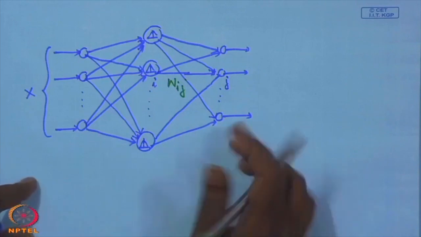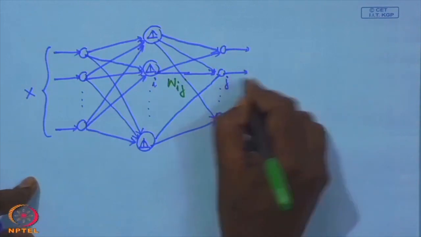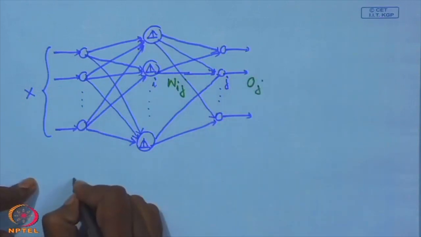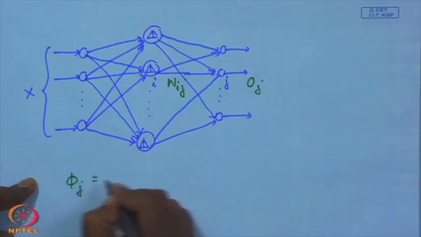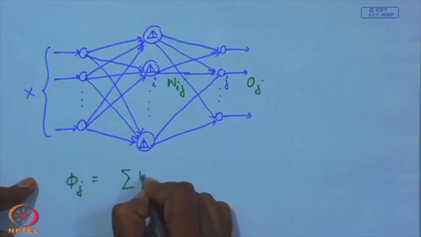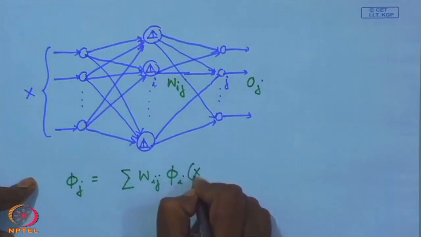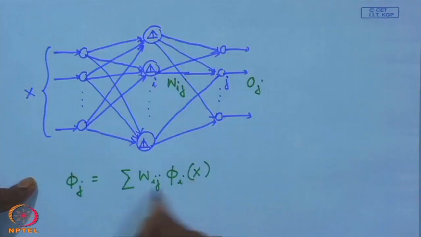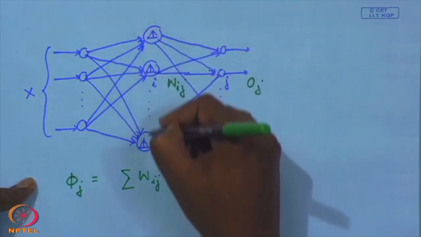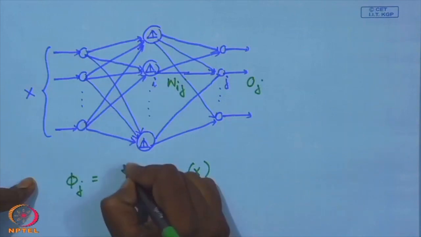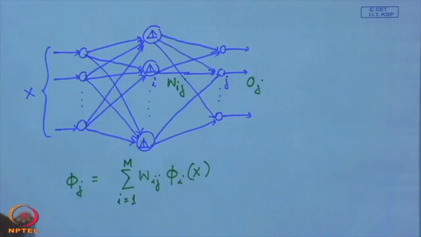So, given this, if I say the output of the jth output layer node is O j, I will have O j is equal to sum of W i j times phi i x for an input vector x, and this summation I have to compute over all nodes in the hidden layer. So, this summation has to be computed over i is equal to 1 to m, as I have m number of nodes in the hidden layer.